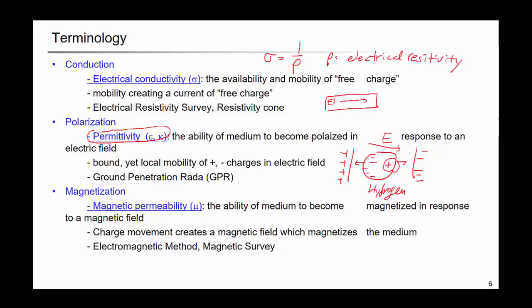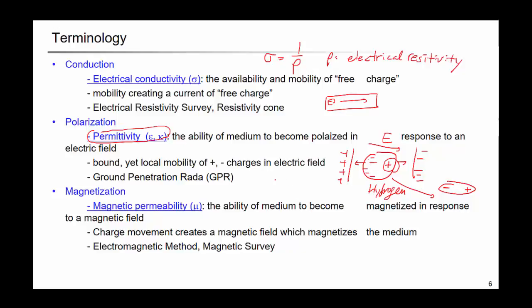But they don't move, they just move locally a little bit. Or if you have a water molecule, it can rotate too, right? So this is called polarizability, and this becomes a dipole moment. So that becomes a dipole like this, and how much is polarized is expressed as the polarizability. Oh, no, sorry, the dipole moment and the polarizability.